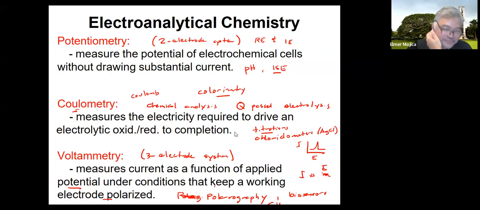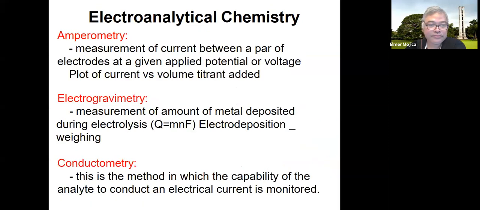Now, the other three, as I told you, this is the most common one, but I also included the other three. So, in the next slide, we have here amperometry. So, we could say amperometry and voltammetry are close to one another. But the difference is in terms of the potential.